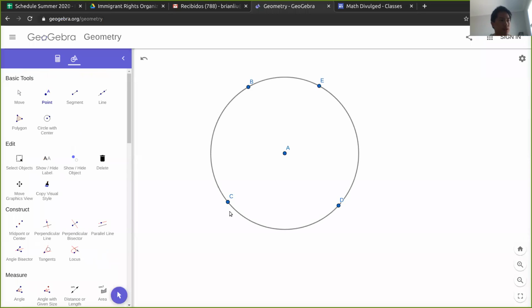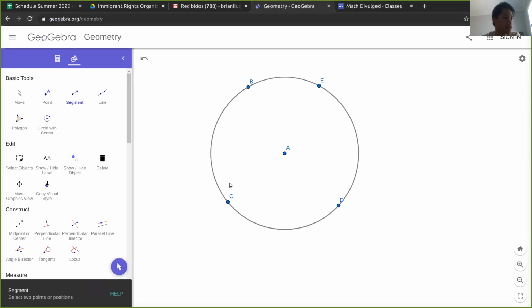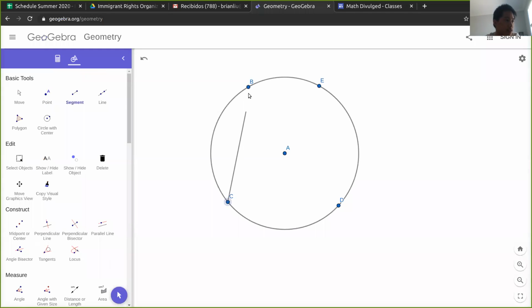When do these four points lie on the same circle? One way to see this is by looking at the angles. For example, CBD is an angle on the quadrilateral.